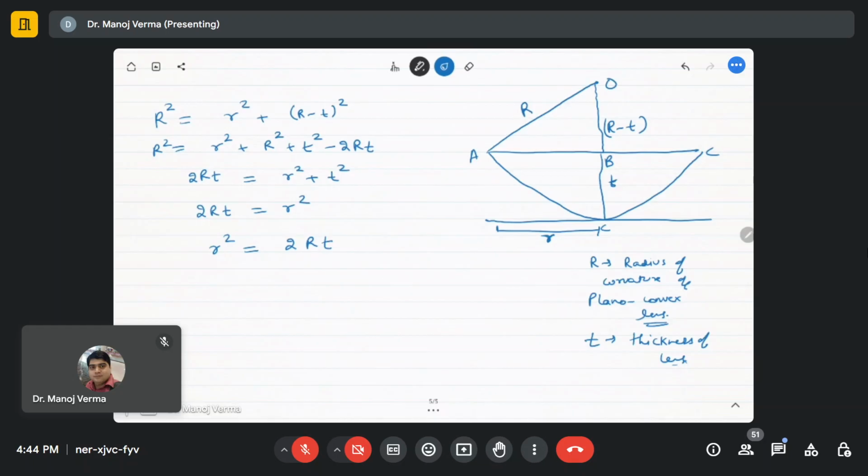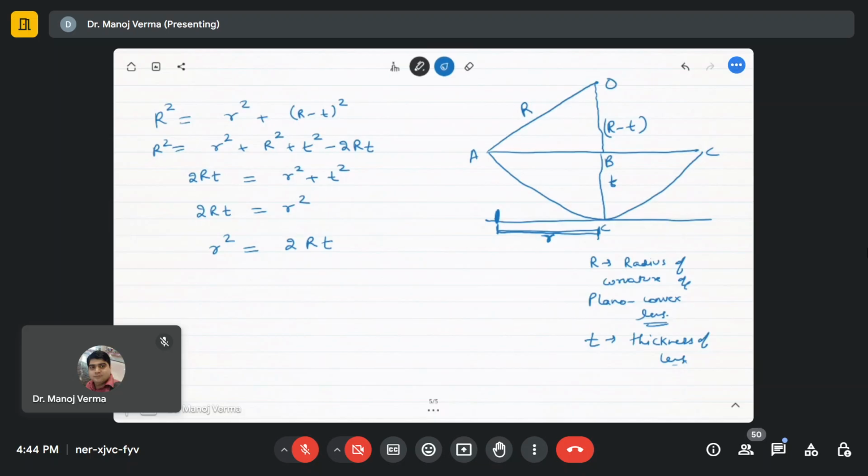This small r represents the position of the fringe from the center point C. Let's say a fringe is forming at this point A. The position of this fringe from point C is given by r.